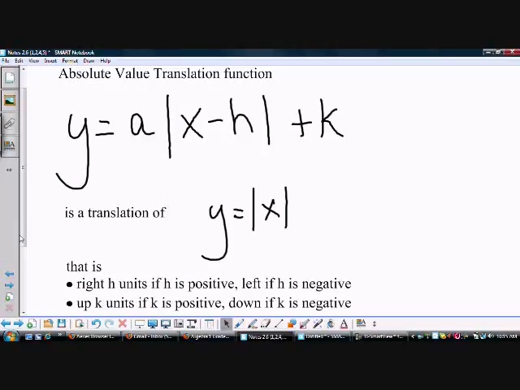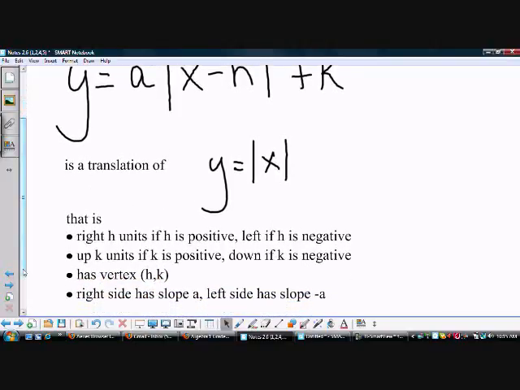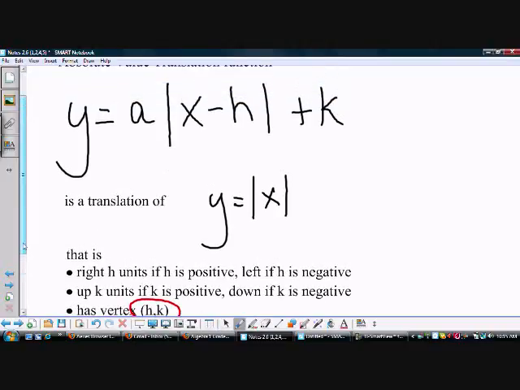And that is going to be a transformation of y equals absolute value of x, which is the parent function, where hk is the new vertex. So I'll grab the vertex off here, hk.